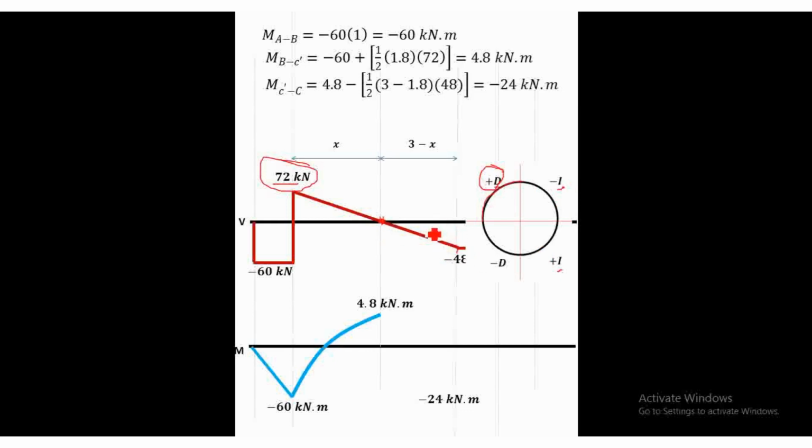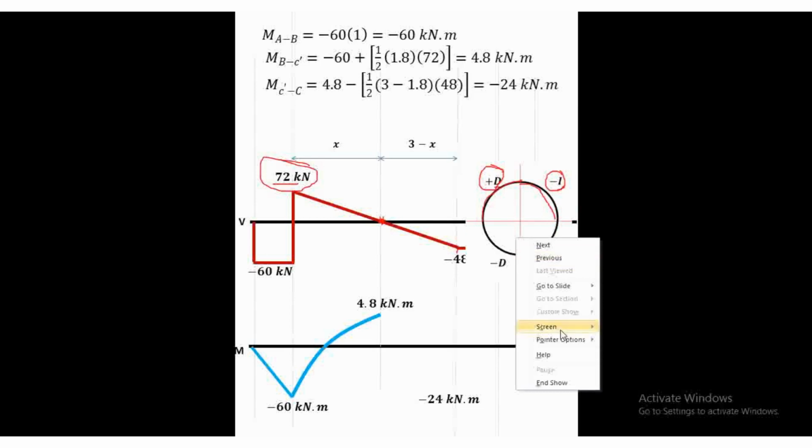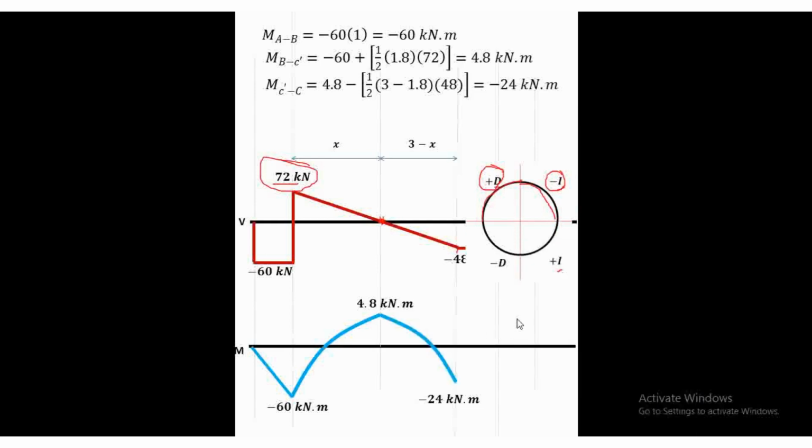But since nasa baba siya, so that is negative. Anong magiging itsura ng curve ko pag negative increasing? That is concave downwards. Kaya yung magiging itsura ngayon ng curve ko is like that. Nagkaintindihan tayo sa paggamit ng curve. Okay? Next.